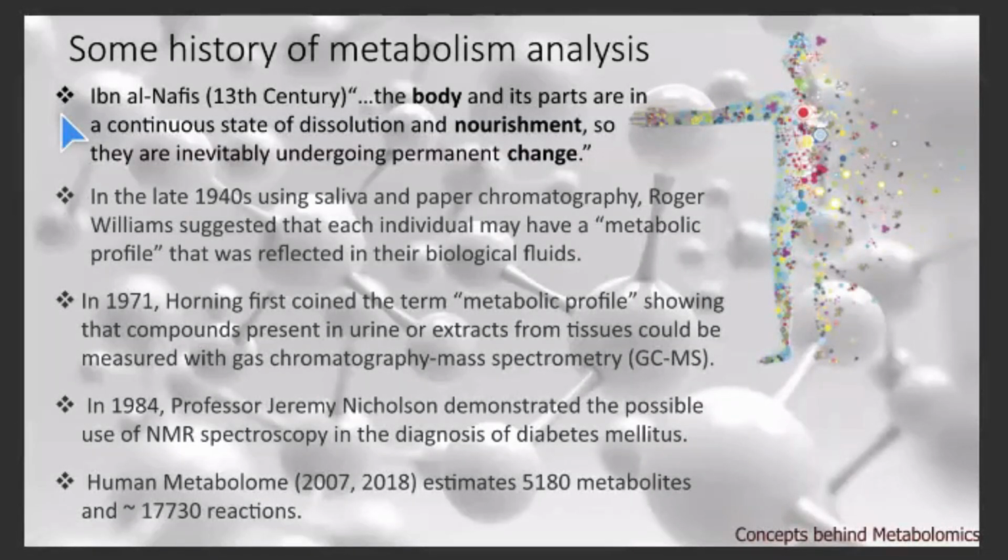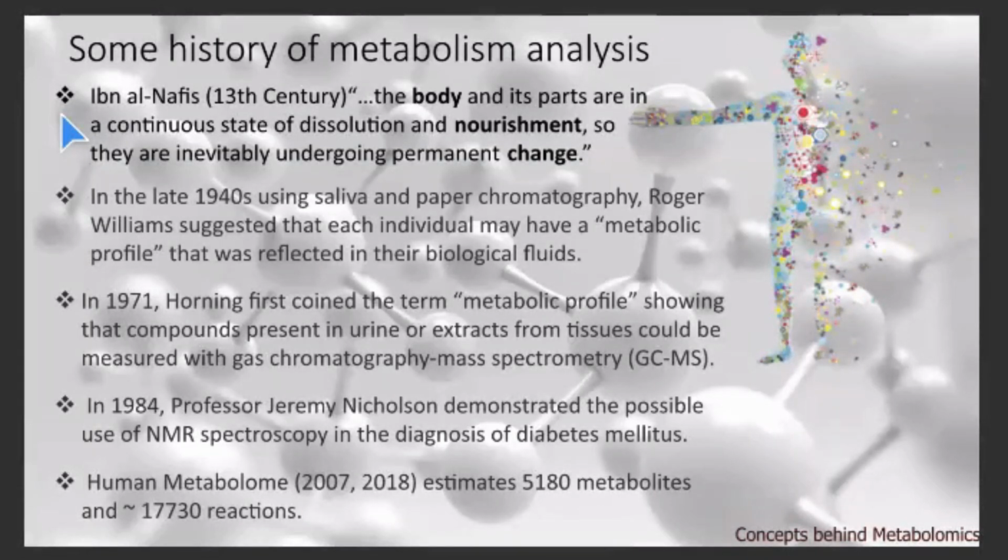But skipping forward, the interest in using biochemical measurements to understand a bit more about processes starts within our lifetimes to quite some extent. In the late 1940s, Roger Williams, for example, was doing paper-based chromatography on saliva studies and was generating different profiles that he could see on these little bits of paper from patients with different types of diseases and psychological issues.